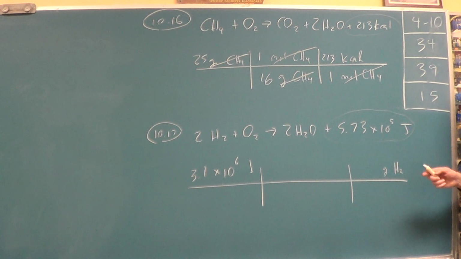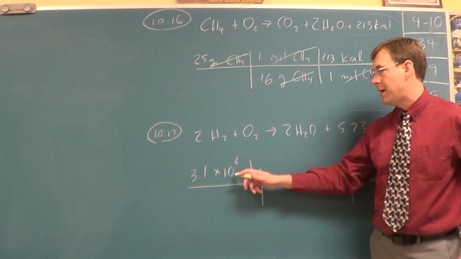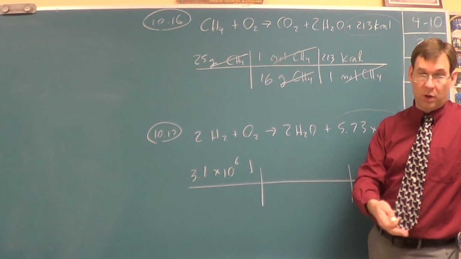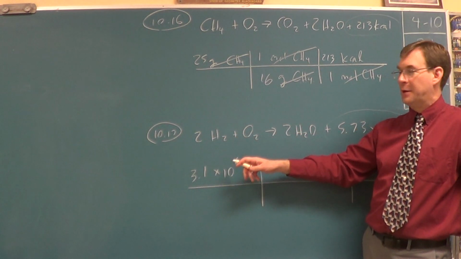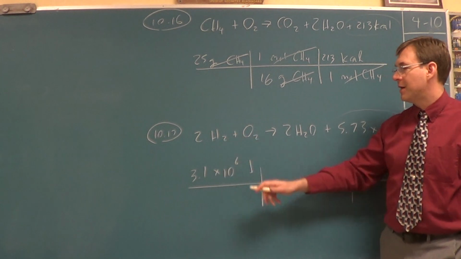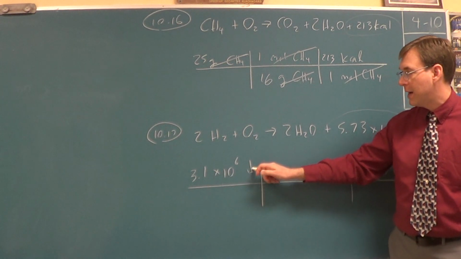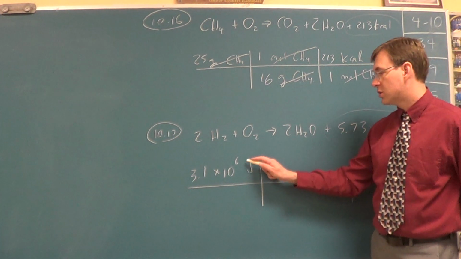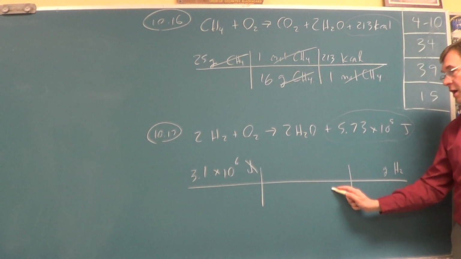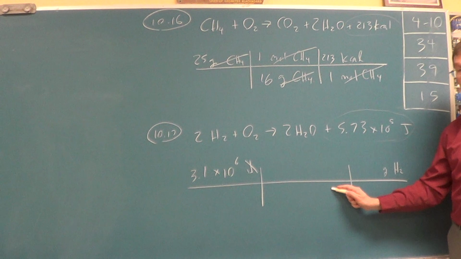So I could also start you with the heat. The book said we're going to burn some hydrogen, which I wouldn't suggest you try to do at home. They're going to burn some hydrogen, and they're trying to make this many joules of energy, of heat. So if they start you with joules, you first have to stick joules here.